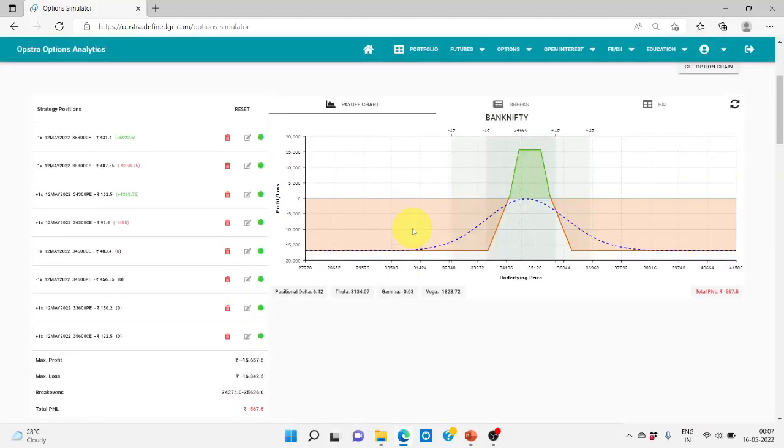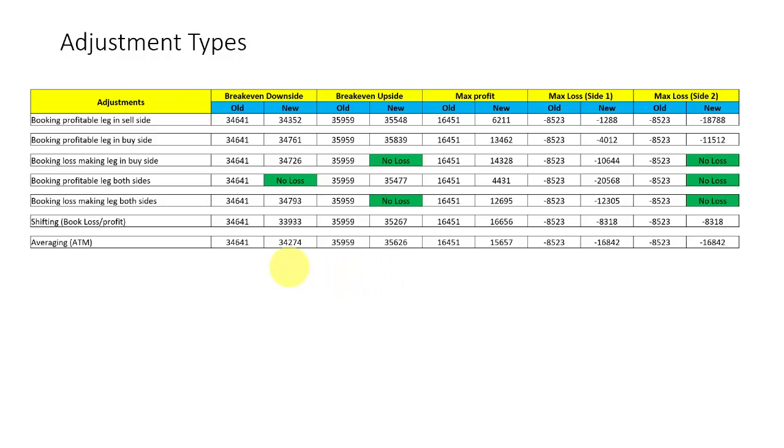By doing this, our payoff chart is going to look like this, where our break even has reduced 400 points on the downside and a little on the upside, but our max profit is still going to be more, and max loss will also be twice what it was before.